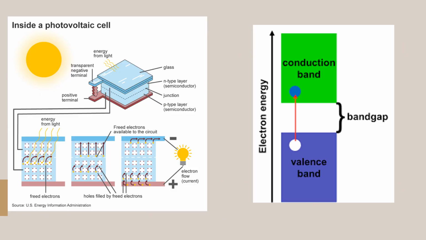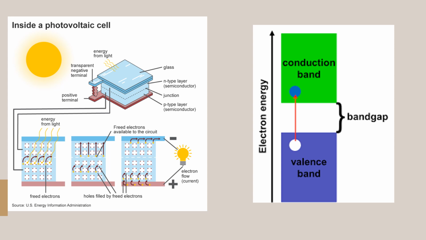And this is the inside of a photovoltaic cell. So the sun's energy from the light goes onto the glass and the transparent negative terminal, and the red color is the positive terminal. Below the glass there is the n-type layer in the semiconductor, and the dotted line is the junction.